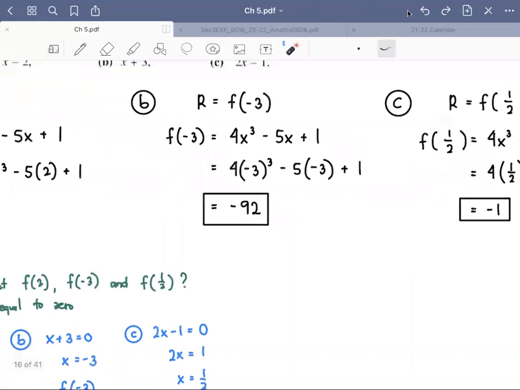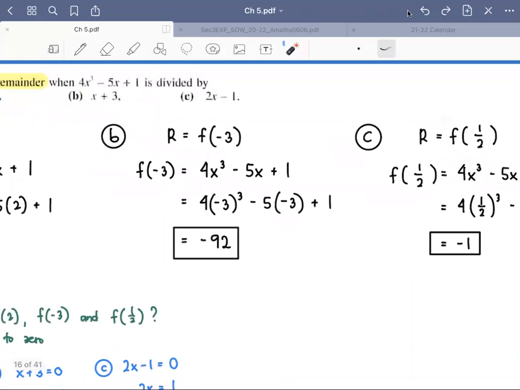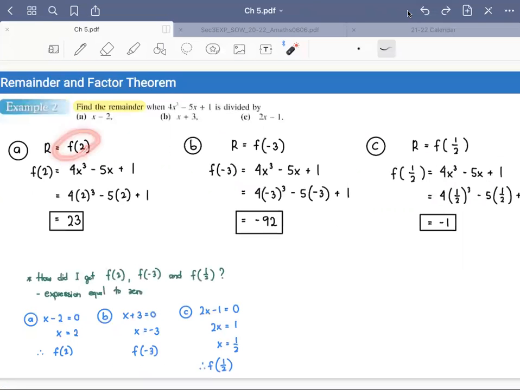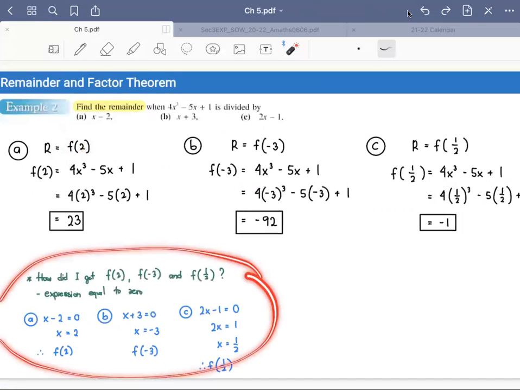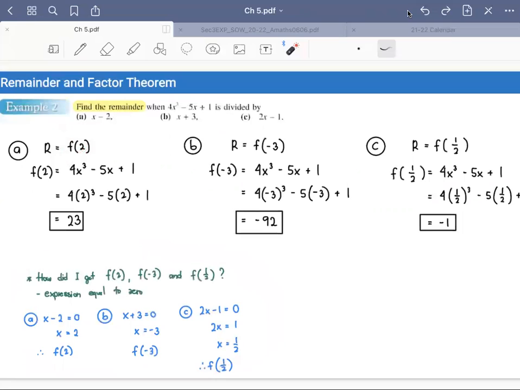Maybe you're wondering, how did I get f of negative 3 and then f of 2? You might be asking the same question: how did I get f of 2, f of negative 3, and f of 1 half? So this is the process. You just make this equal to 0.